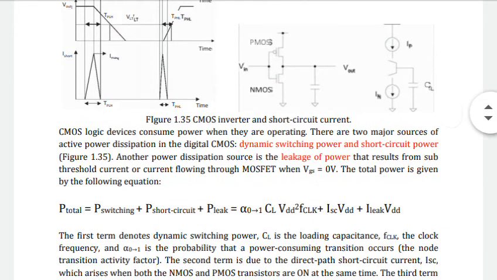So the total power is given by P total equal to P switching, that is the dynamic switching power, plus P short circuit, the short circuit power, plus P leak, the leakage power.